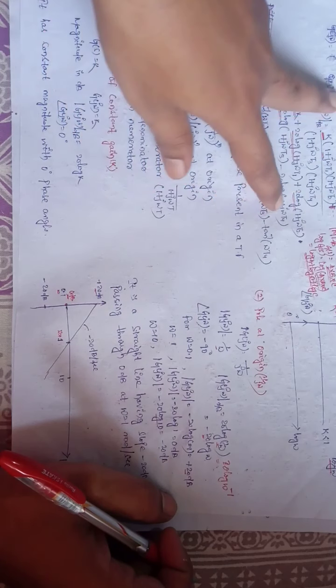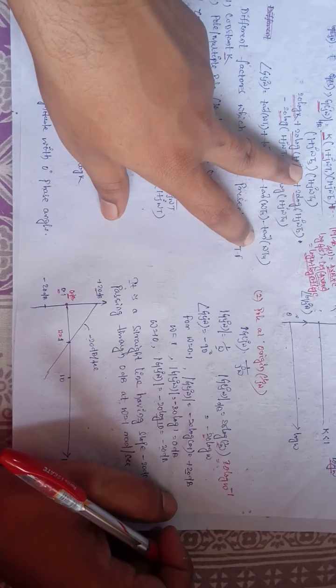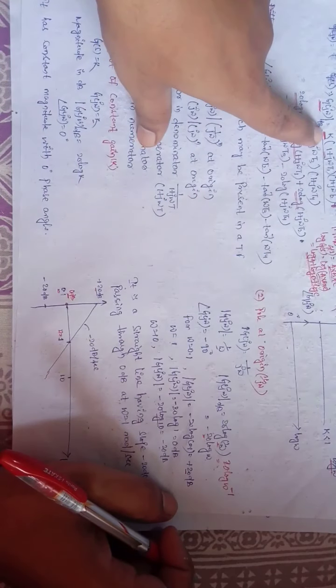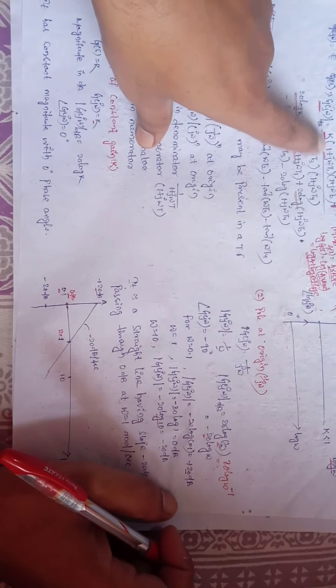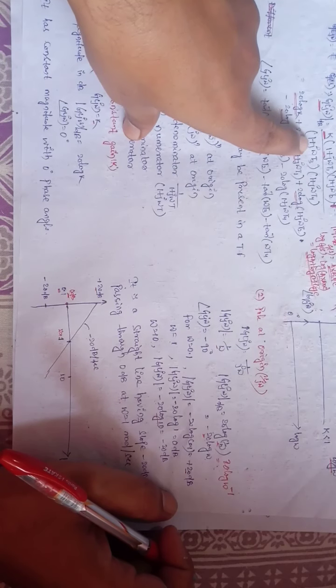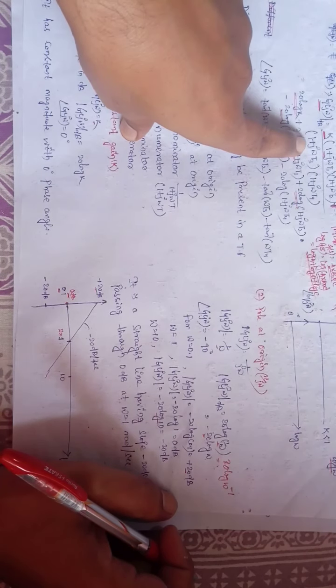So if we take the log of each factor, we get the magnitude plot for individual factors, like we had already discussed for constant k. Similarly, the 1 plus st term, that is zeros in the numerator, and poles in the denominator. So we already know the magnitude plots for all these factors.